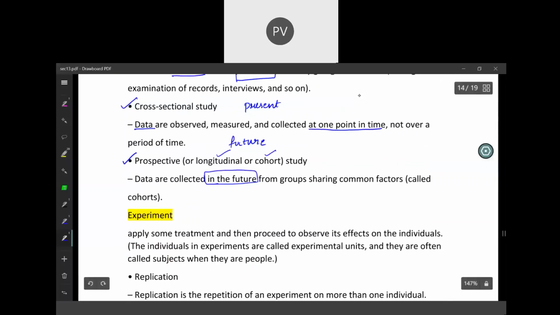An example for prospective study can be, if I want to know the final grade of this course, then I would have to wait till the end of the semester, right? Then only I would be able to collect the data. So that will be called prospective study, where we collect data from the future.